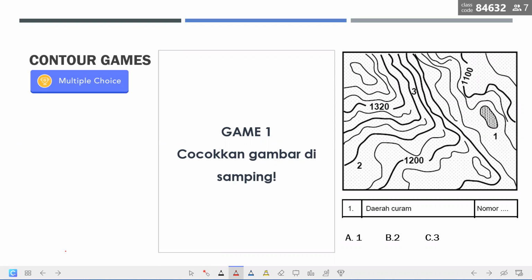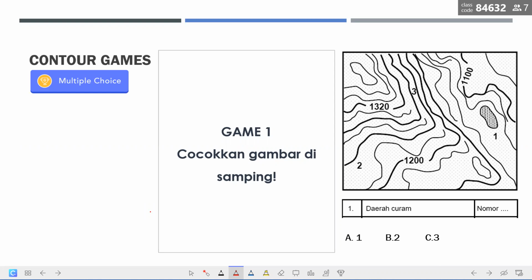Enter ClassPoint.app in your browser, and then punch in the class code to join in this little exercise that I prepared for you. For those of you who have already joined, you can get ready to answer the question.